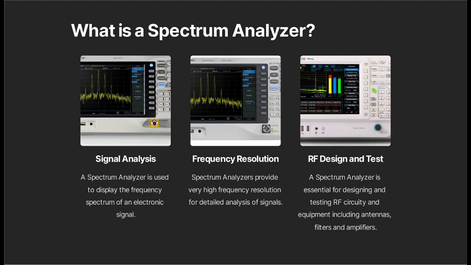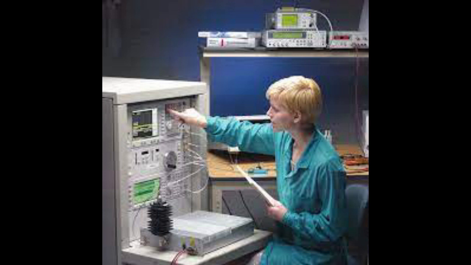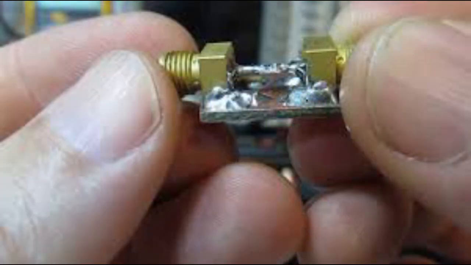And third one is RF design and test. A spectrum analyzer is essential for designing and testing RF circuits and equipment, including antennas, filters and amplifiers. So this one is also different from the EMI receiver. It is a very important instrument for designing and testing of RF circuits.